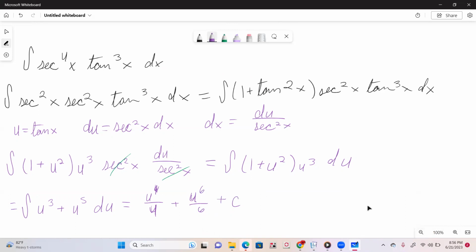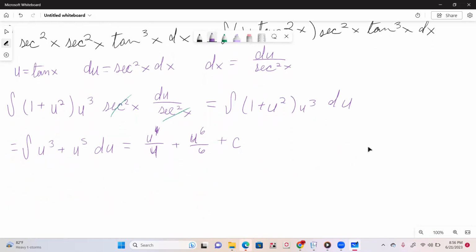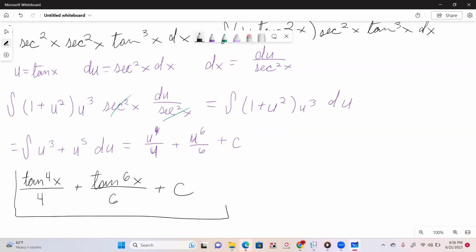Okay, cool. Now we're almost there. We just have to undo our substitution, right? So our u is equal to tan x. So we have tan to the 4th x over 4 plus tan to the 6th x over 6 plus c, which is our answer for this problem.